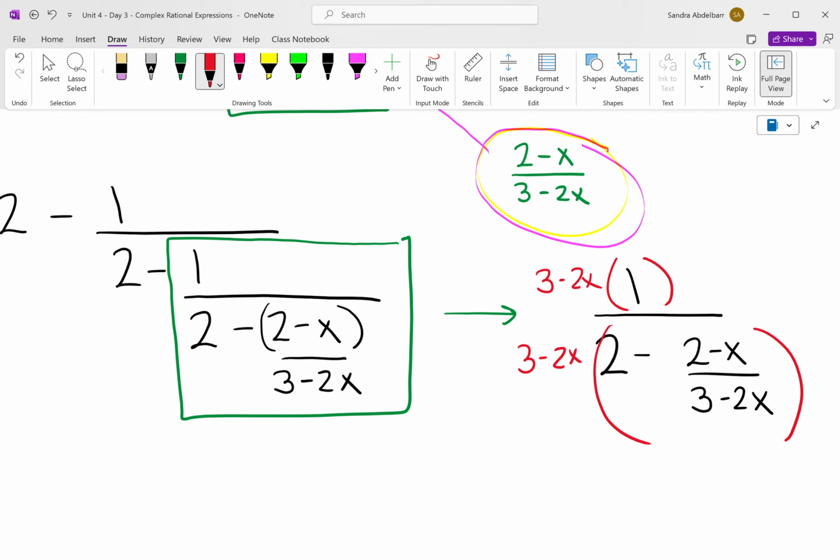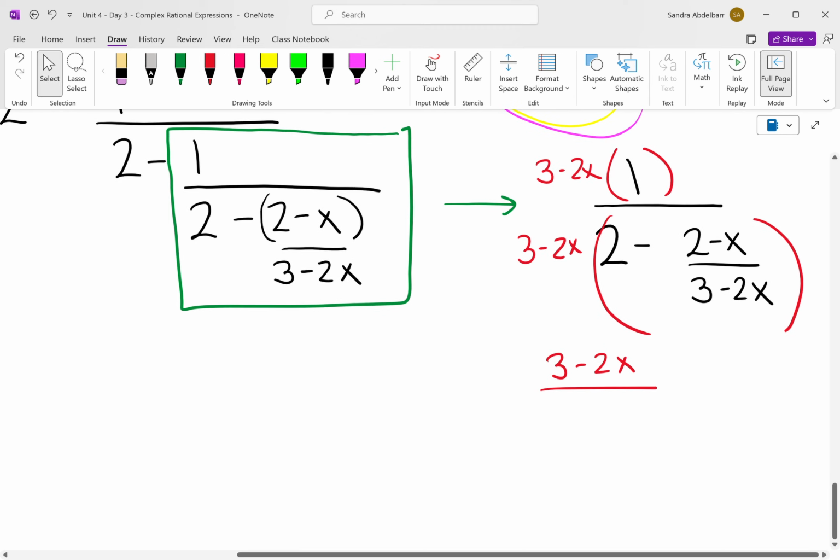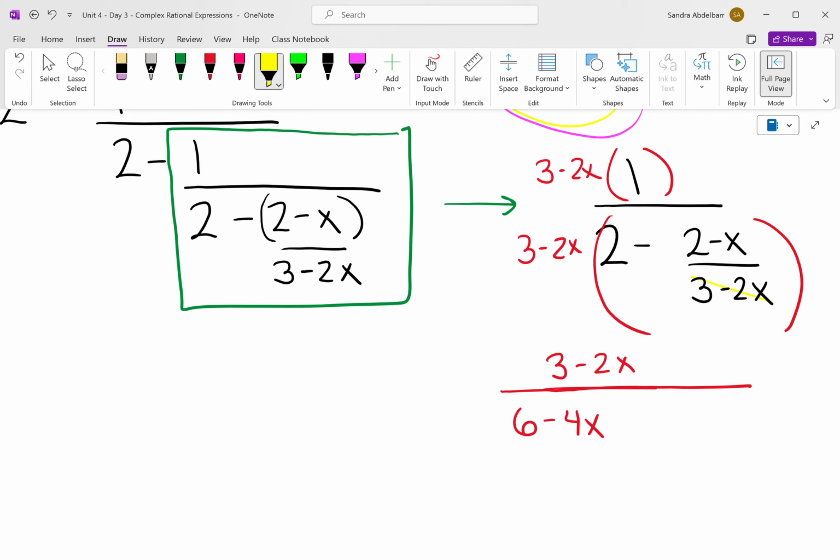So then I'm going to do 3 minus 2x on the bottom, 3 minus 2x on top. So we have 3 minus 2x in our numerator. In our denominator, I'm going to distribute in that 2. So this is going to be 6 minus 4x. But then when the 3 minus 2x's cancel here, what am I distributing in this time?